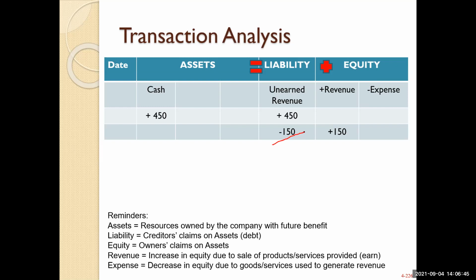So we're going to reduce our liability by 150, and then we're going to record our revenue because we've earned it, we performed the service, and the liability and the equity offset each other, a minus and a plus. That gives us 0 on this side, and there's nothing in the asset side. So therefore, our accounting equation balances. So our transaction analysis is done.